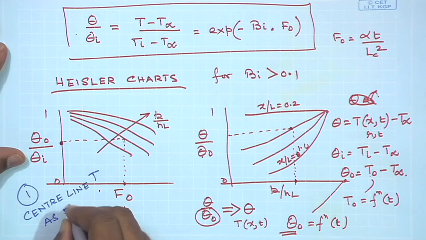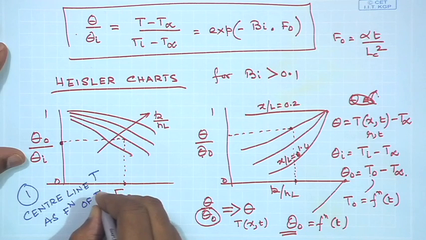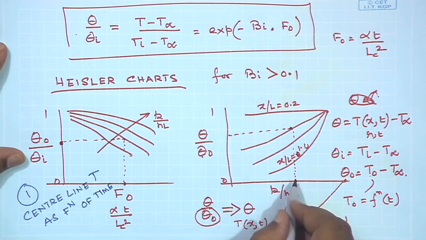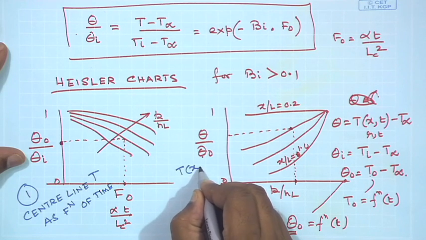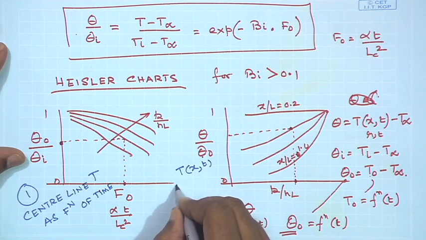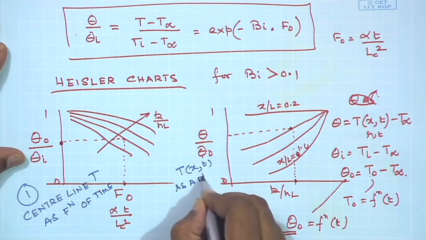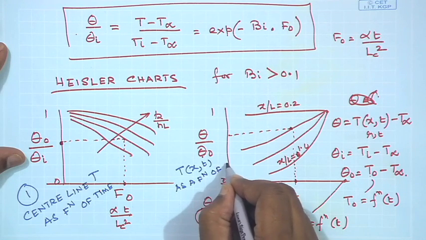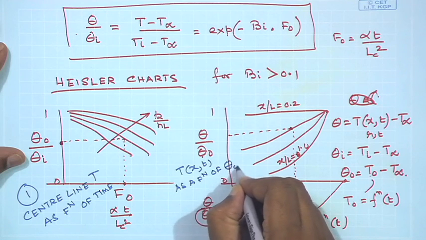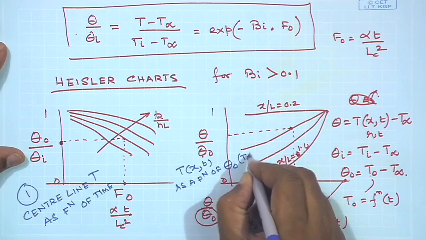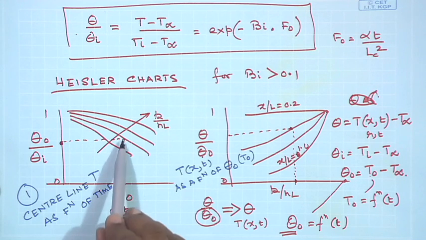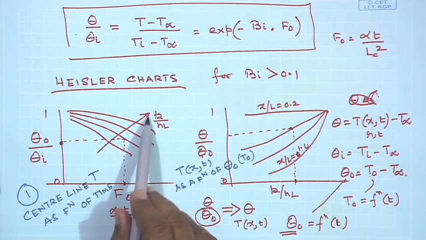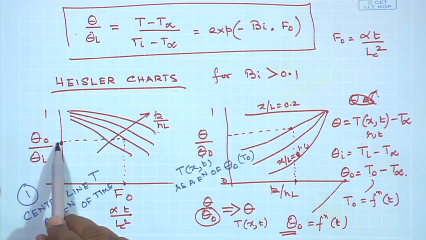So, the first curve gives me the center line temperature as a function of time. The second curve gives me the temperature at any location and at any point of time as a function of theta naught, that is, as a function of the central line temperature. So, for the first curve, at any given point of time, the value of this combination gives me the central line temperature.